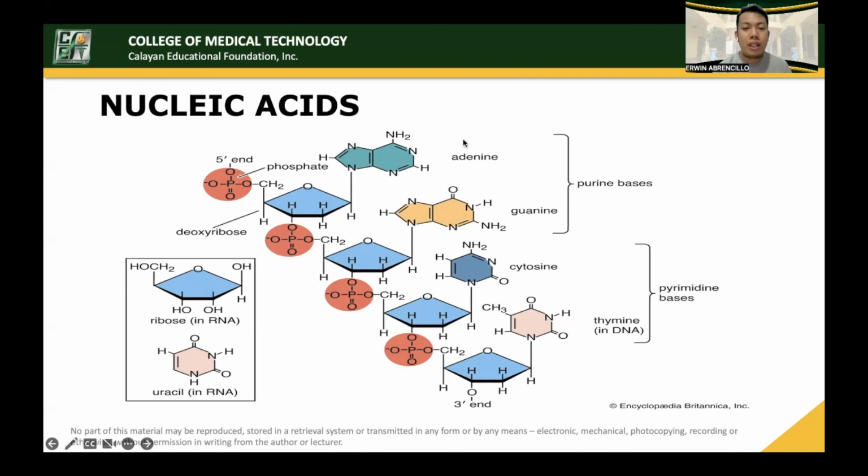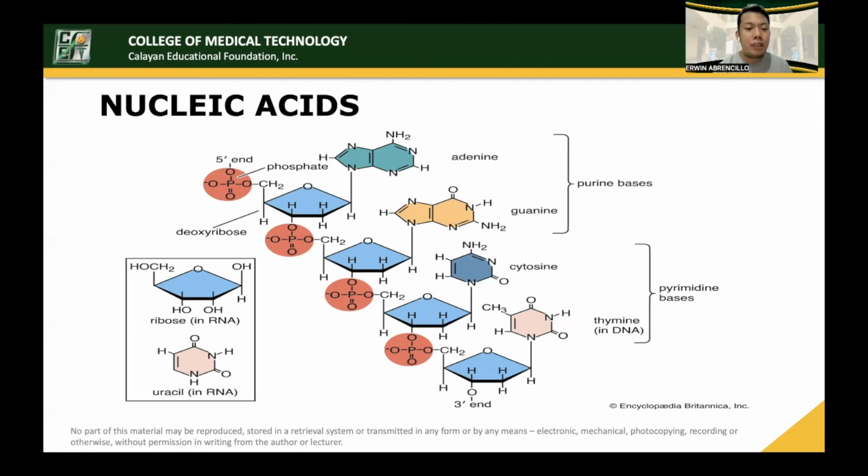And then you also have here the purine bases and the pyrimidine bases. For the DNA to be uniform in size, they found out that the partnership among the bases should be purine to pyrimidine or pyrimidine to purine.